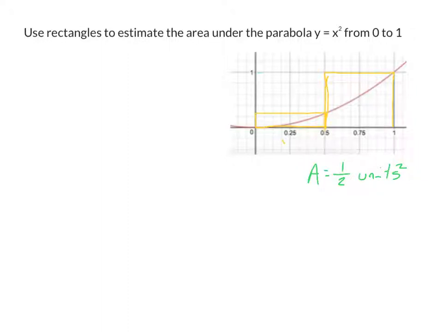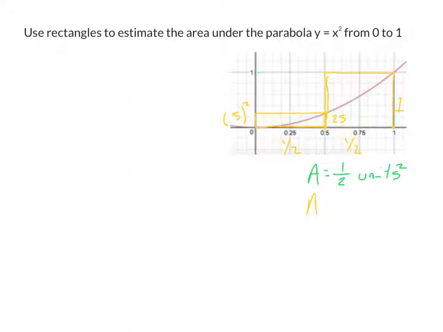I know both of them have a width of 1/2. The big one has a height of 1, right, because we went over to 1 and then 1 squared. And then this one at 1/2, well, that would be our 0.5 squared, or 0.25.